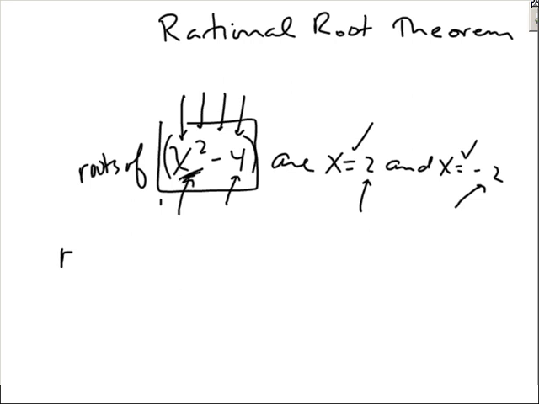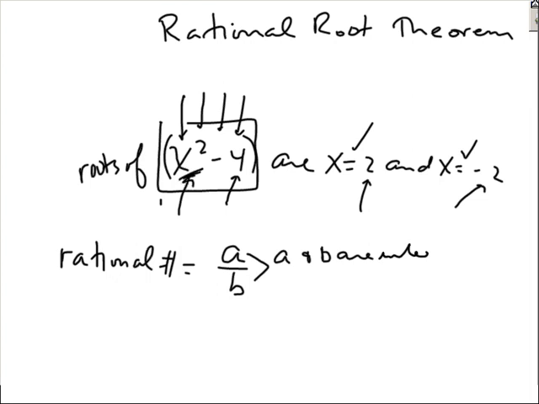To remind you, what is a rational number? A rational number is in the form of a over b, where a and b are integers. What are integers? 0, 1, 2, 3 forever. Also, negative 1, negative 2, negative 3, negative 4 forever. Those are integers.